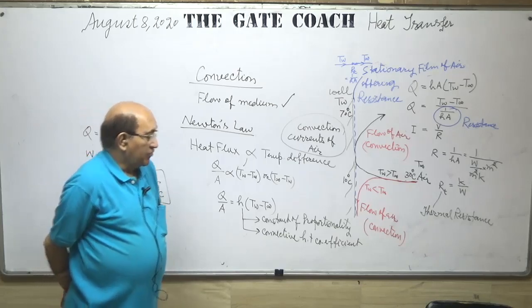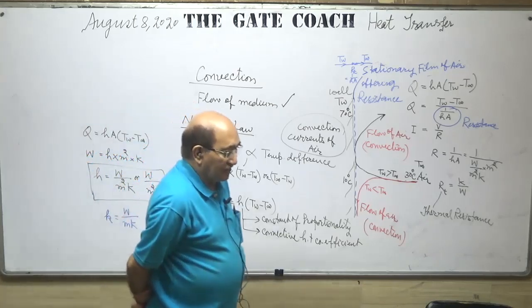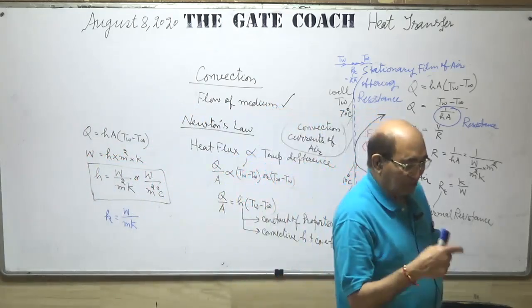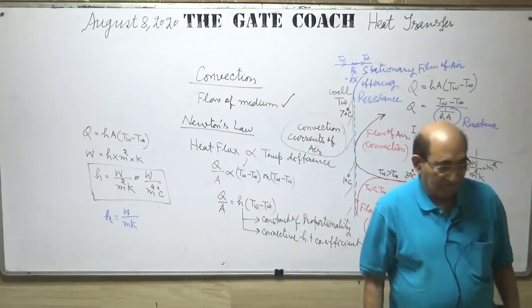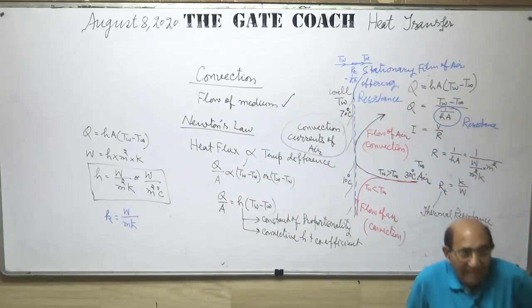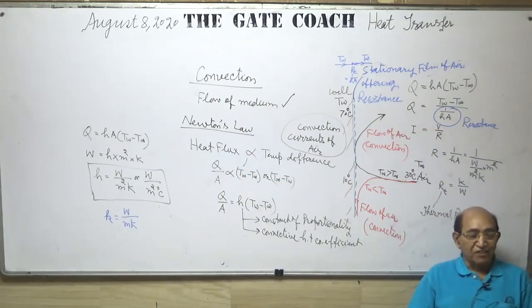So, finally, convection can be studied similar to that of conduction. Sir, in conduction, this medium is always stationary. Conduction medium is always stationary. There may be one medium, there may be number of mediums.